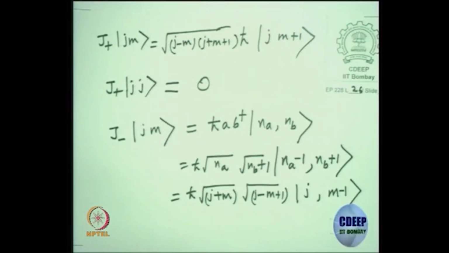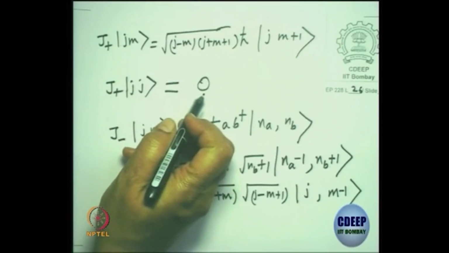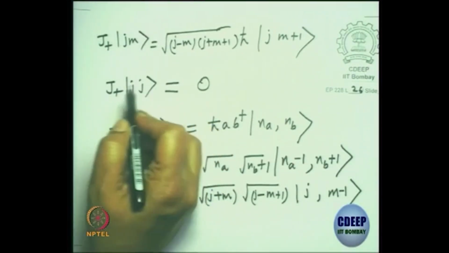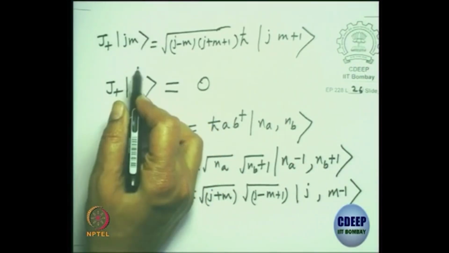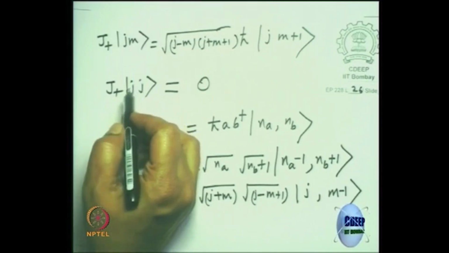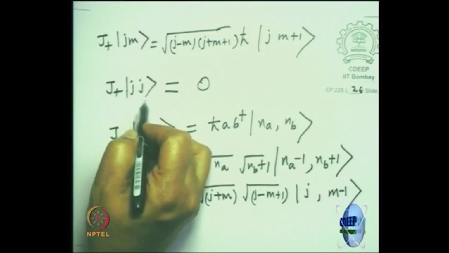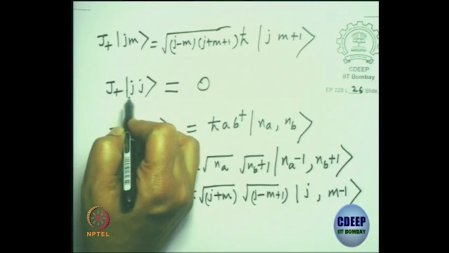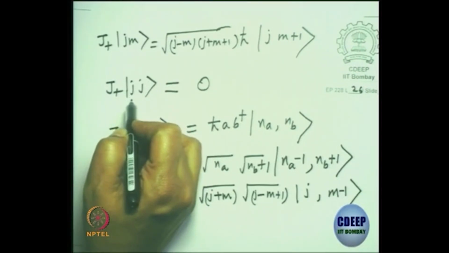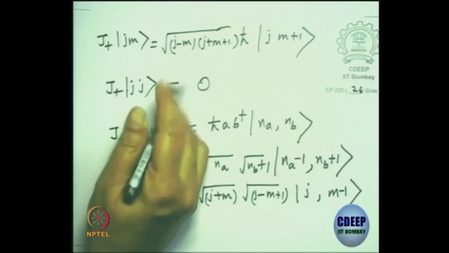We could do this independently from the algebra, but right now I have done it by the Schwinger method. And we see that there is an upper bound: the raising operator cannot go to infinity if it operates on this J, J state, where the magnetic quantum number is the same as the J squared quantum number. It's going to be 0.